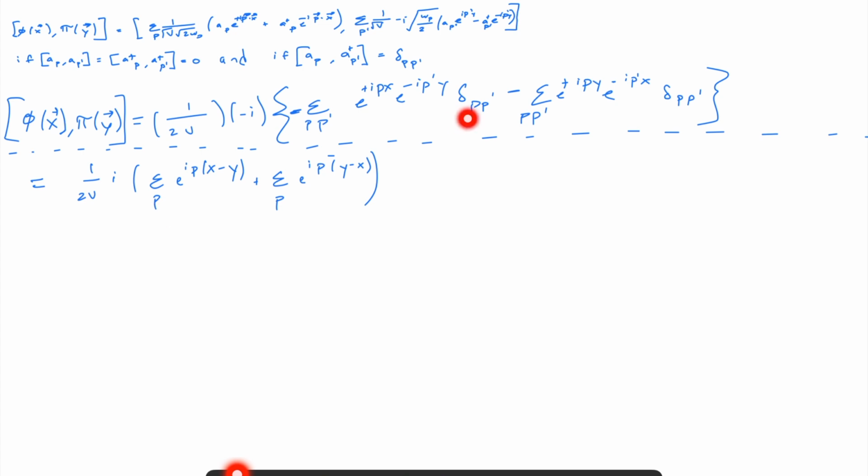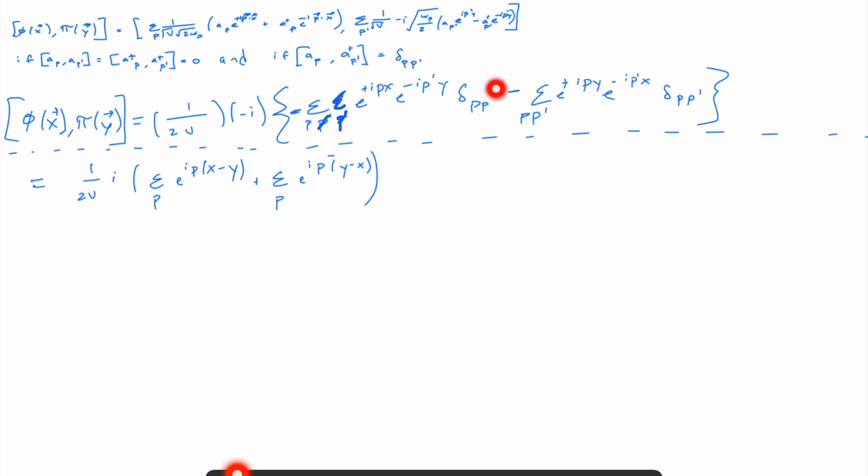And here, I'm going to apply the summation over p prime, but also over this delta function of p and p prime. The delta function of p and p prime means that if p prime is not equal to p, then this whole thing is 0 and it kills this term. So this forces p to equal p prime. And this is what I get. In other words, I do the summation. This is a double summation. You can even write that out like this: a summation over p and a summation over p prime. And now that summation over p prime is done.